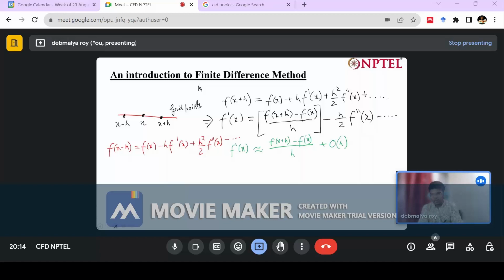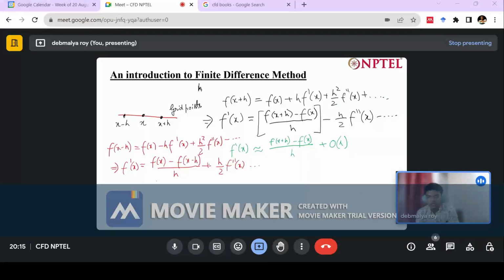So from here also, I can find out f dash. This you will see is f of x minus h divided by h, and this will have plus h by 2 f double dash x and so on.